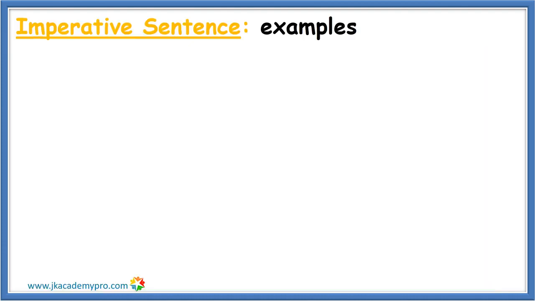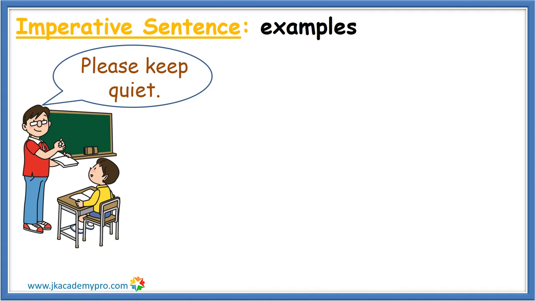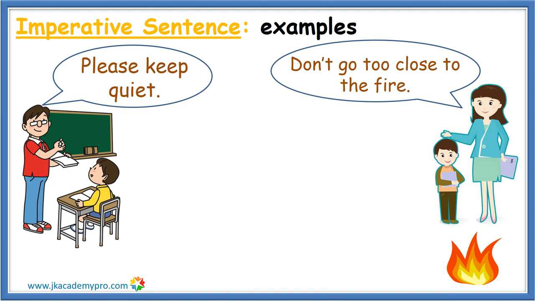Let's see some examples of imperative sentences. The first example, please keep quiet. Here we find that the teacher is requesting his students to be quiet. Don't go too close to the fire. Here, a mother is advising or instructing her son not to go close to the fire.